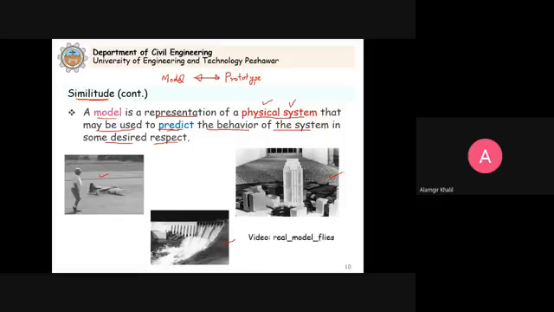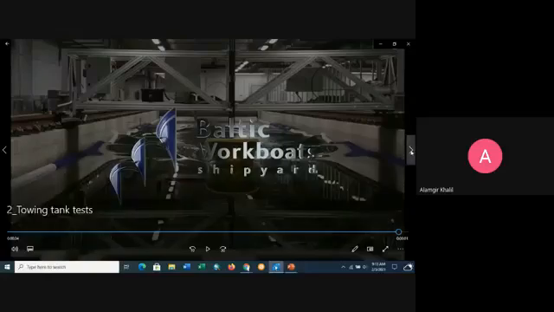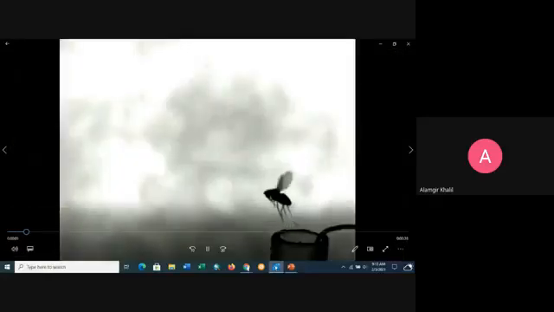Clear? For example, in this case, let me show you a small video here. So you can see here we have a small fly. Now you want to simulate its behavior, how it flies. So you can see here that the model that is developed to simulate is bigger in size than the prototype.